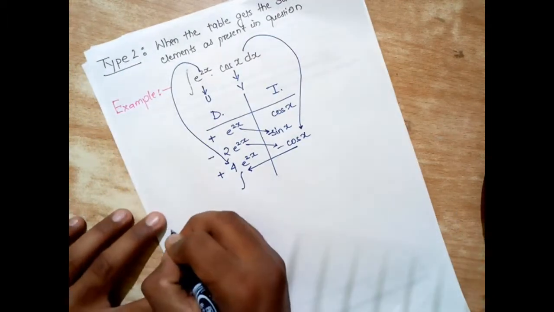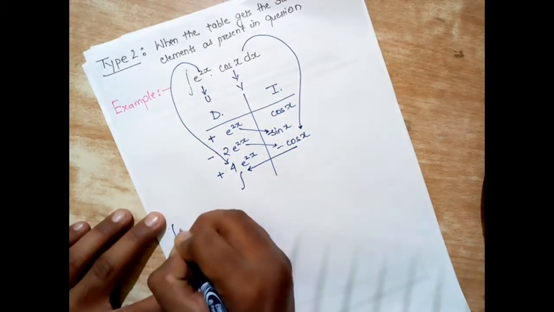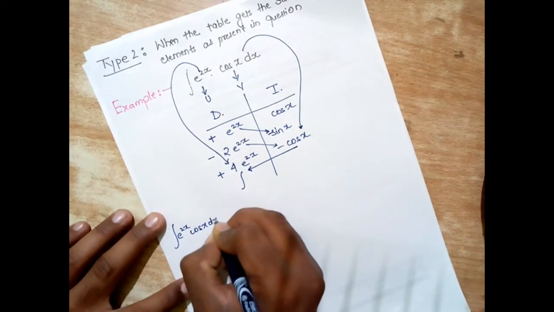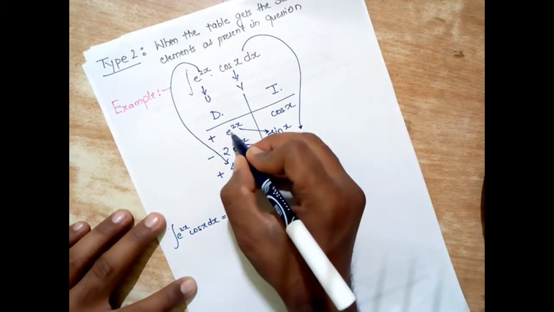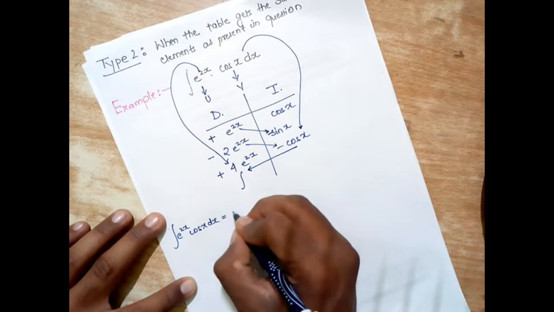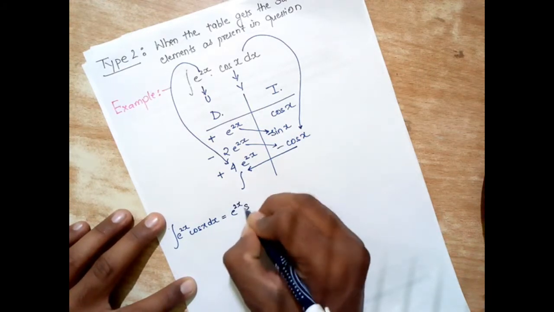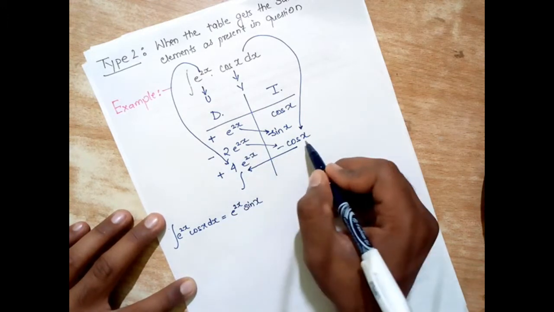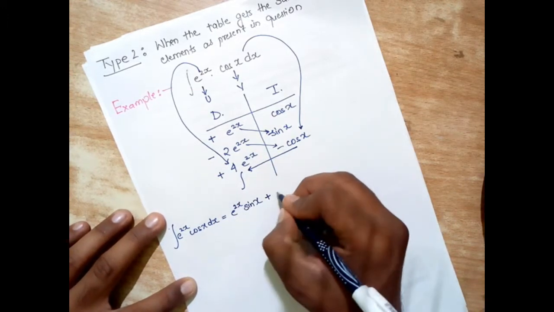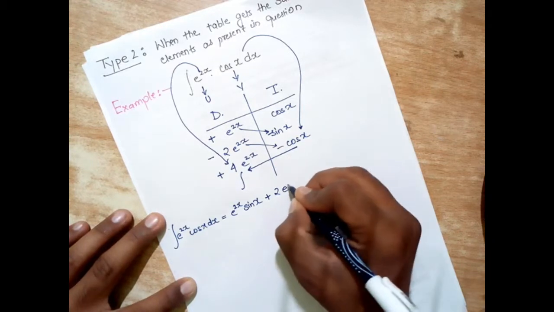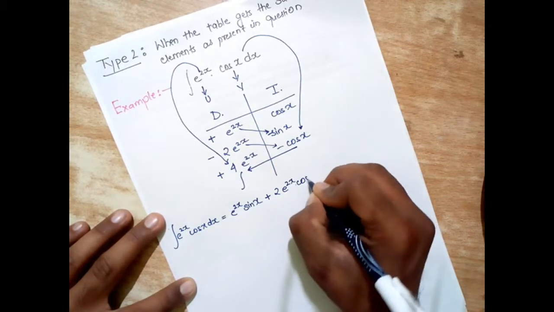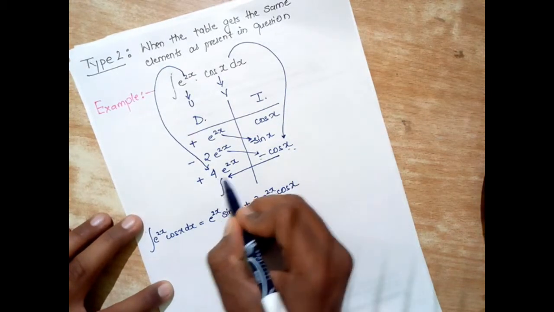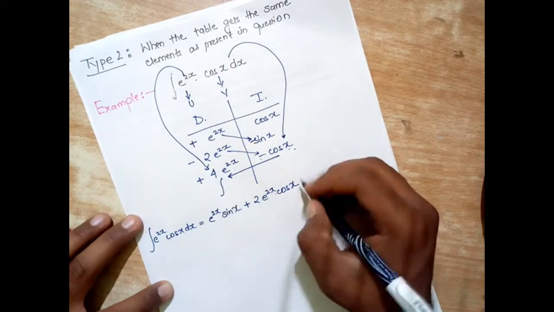So we are having the question e to the power of 2x cos x dx, which is equal to e to the power 2x sin x minus 2e to the power 2x times minus cos x, that comes out to be plus 2 e to the power 2x cos x, then minus cos x is multiplied with 4e to the power 2x in integration.